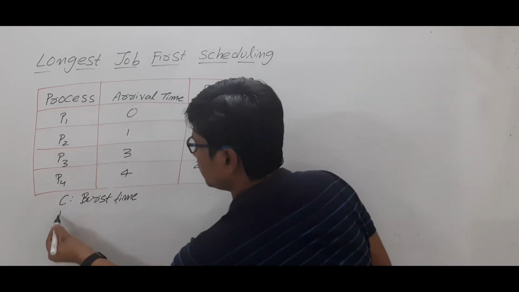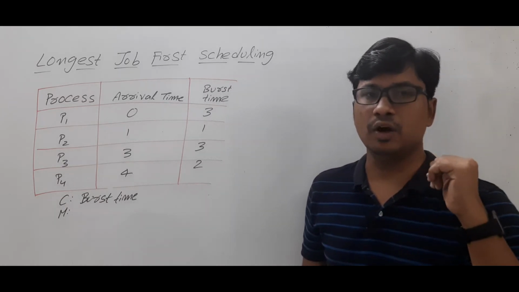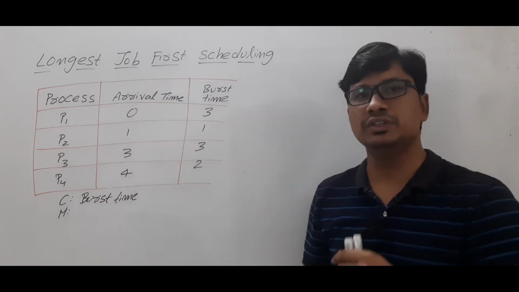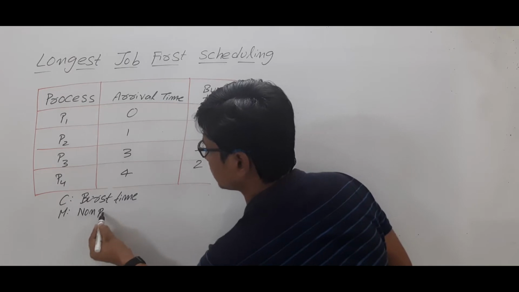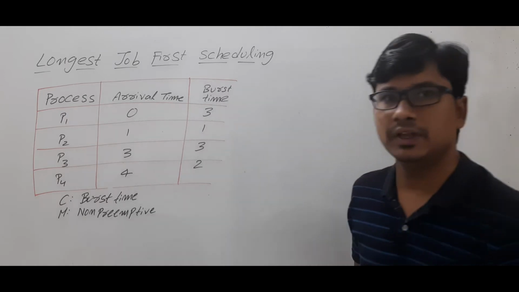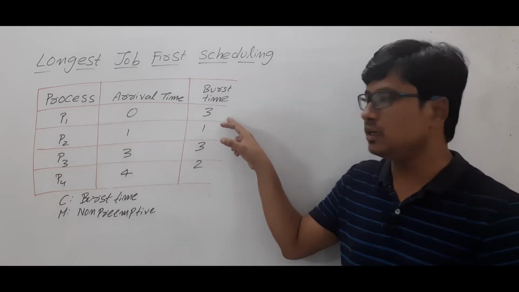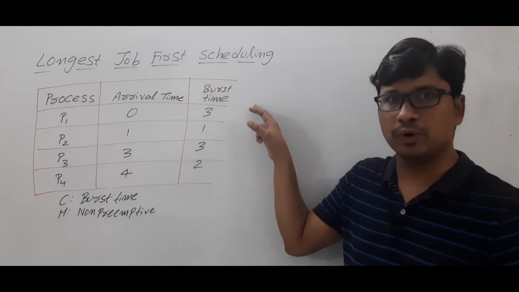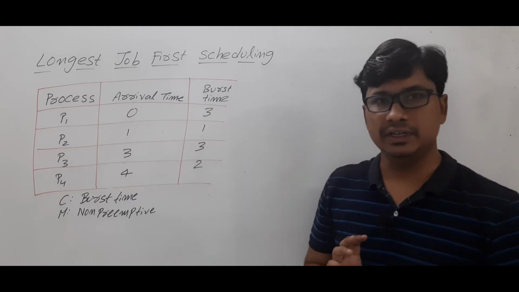Now, we have two types of scheduling algorithms. One is non-preemptive and another one is preemptive. Longest job first scheduling algorithm is a non-preemptive scheduling algorithm. What is meant by non-preemptive? Once the process has been dispatched to the running state, however much CPU time it needs, that much time will be provided, and once it is done, it will go to the terminated state.